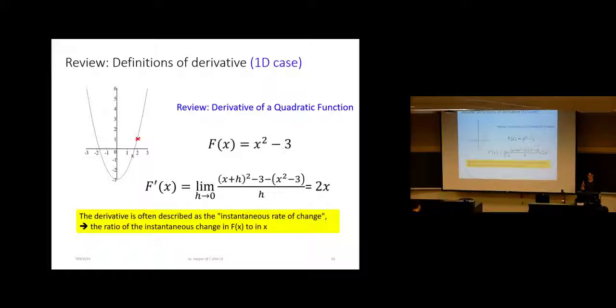Gradient has direction. 4 is onto the right, right? Let's go right. And the intensity is this slope. The slope of that curve, the intensity is 4, the direction is positive, meaning to the right.